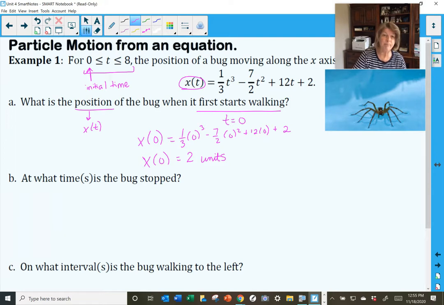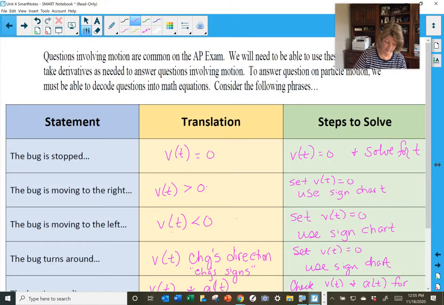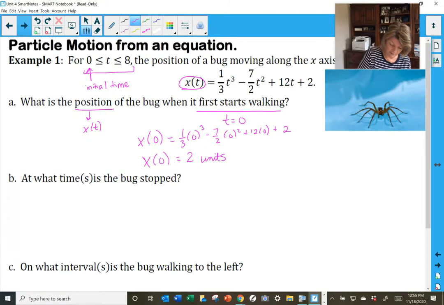At what time is the bug stopped? Well, the bug is stopped when the velocity equals 0. So now, instead of putting in 0 for time, I'm going to set my function equal to 0. So I'm going to take x of t and set it equal to 0.